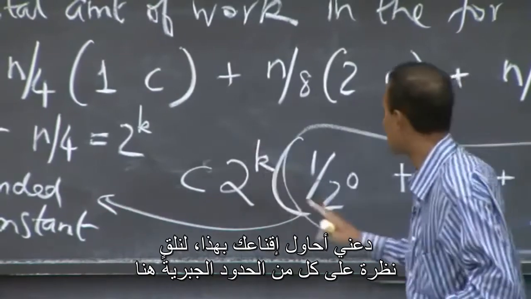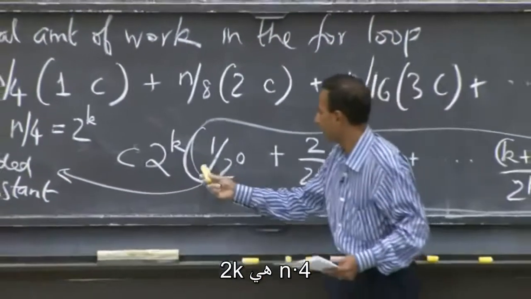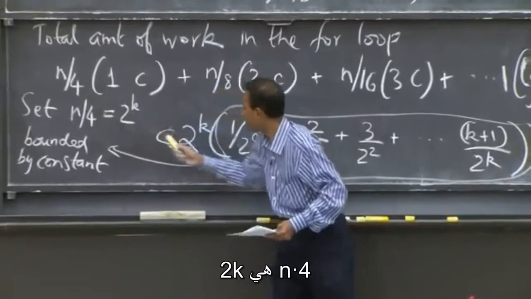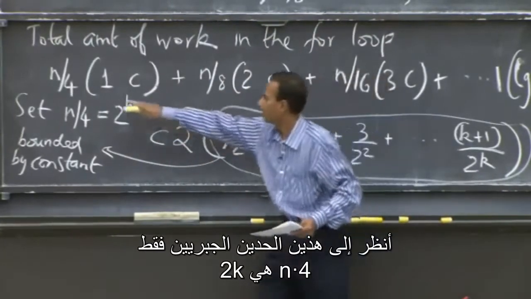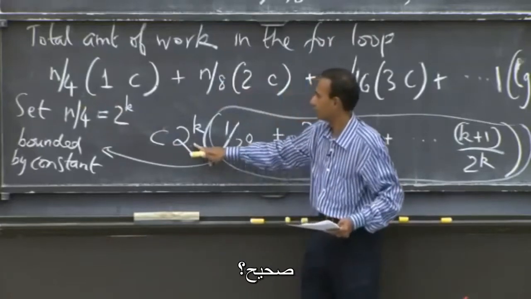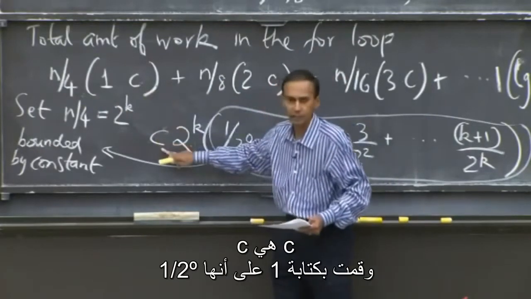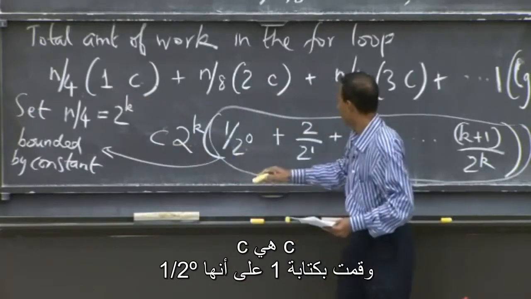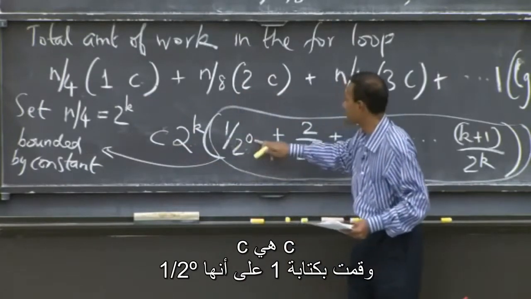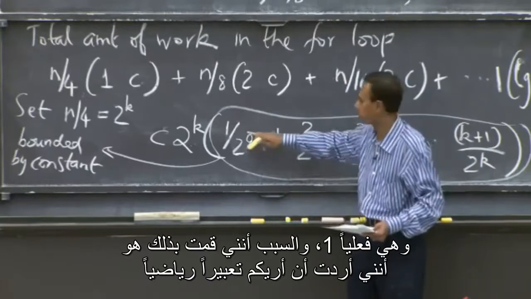Let's take a look at each of the terms. n by 4 is 2 raised to k. I'm just looking at this term and this term. n by 4 is 2 raised to k, c is c, and I just wrote 1 as 1 divided by 2 raised to 0, which is 1.